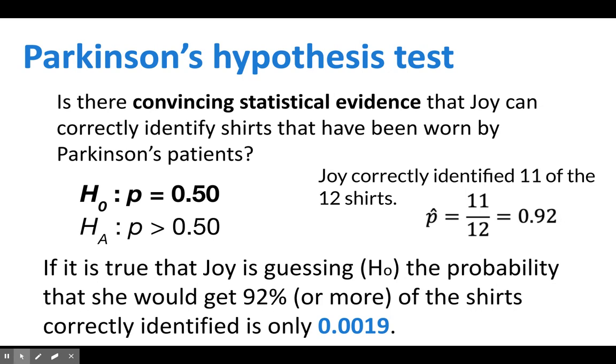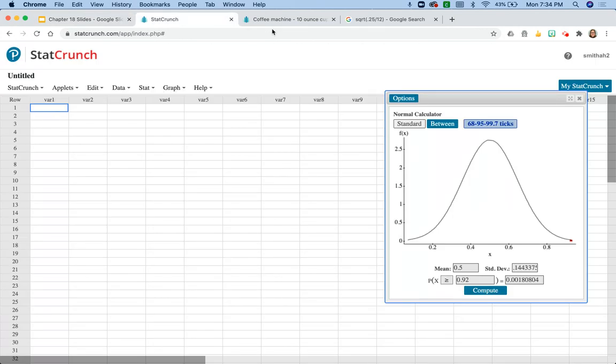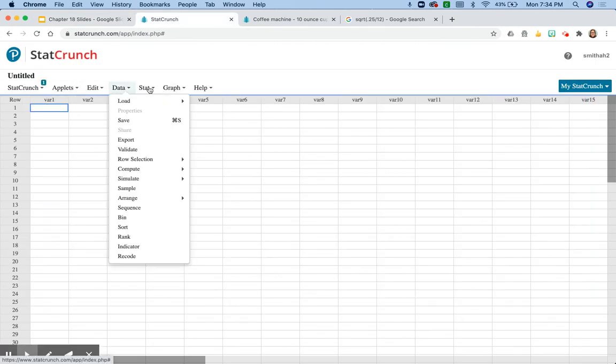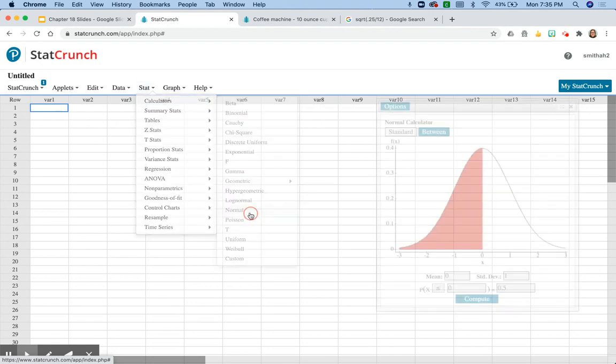To get that p-value of 0.0019, basically you find the probability of getting 11 out of 12, assuming that the null hypothesis is true. Now, what does it look like to assume that the null hypothesis is true? You don't have to go through all these steps, but one way is calculators, normal.